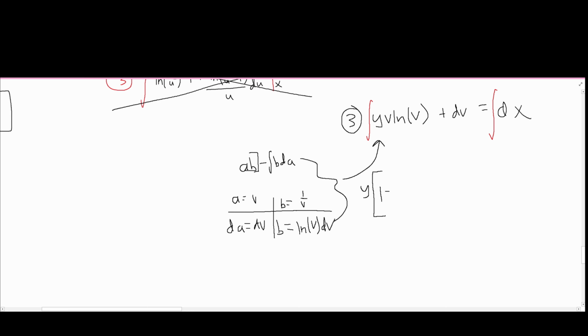And then we're going to have our minus the integral of b dA, b being 1 over v, and dA being dv, like this, plus dv still. We still have this part right here that we didn't touch. This is also part of the integral. So really it's going to look like this. And then the integral of dx is just going to be x.